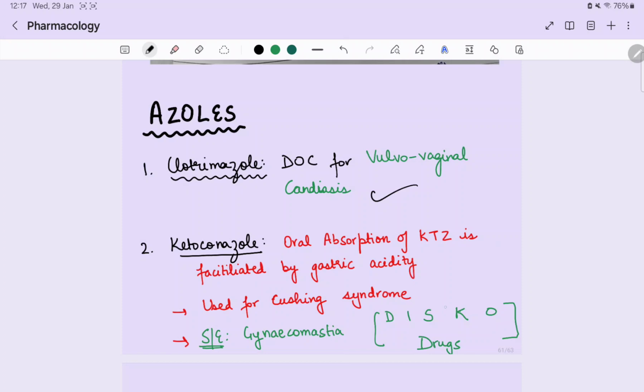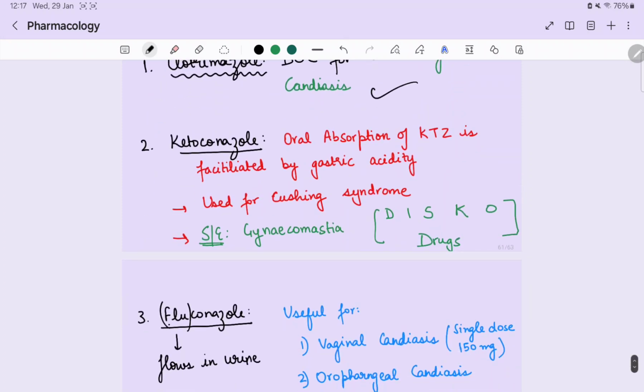It is used for Cushing syndrome. Side effects include gynecomastia. The other drugs which can cause gynecomastia, you can learn by a very famous mnemonic, DISCO. From D, digoxin; I, isoniazid; S, spironolactone; C, ketoconazole, cimetidine; O, estrogen. These are the drugs which can cause gynecomastia.